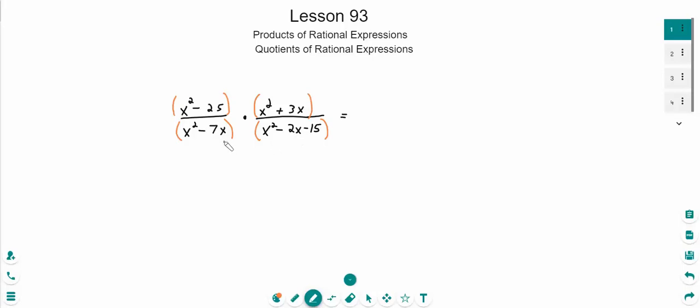We can't use FOIL on this because it's not two binomials. And essentially what we'd have to do is take the x squared and multiply it by every term inside this set of parentheses, and then multiply the negative 7x by every term as well inside the parentheses. Okay, so big, nasty product here.